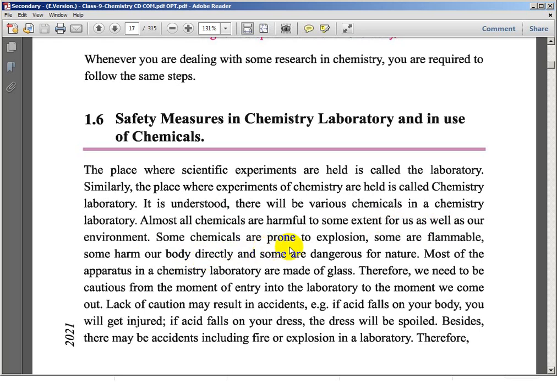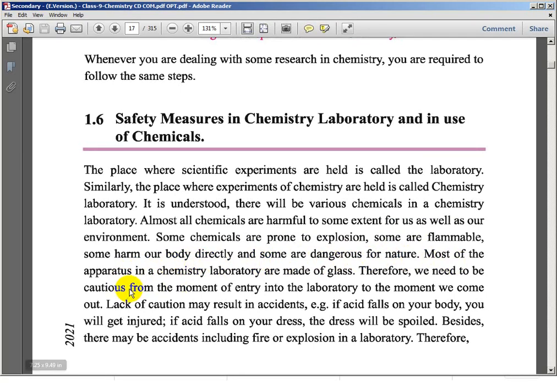Some chemicals are prone to explosion, meaning ready to explode. Some are flammable, some harm our body directly, some are dangerous for nature.